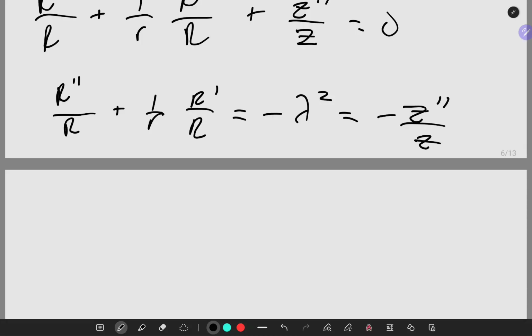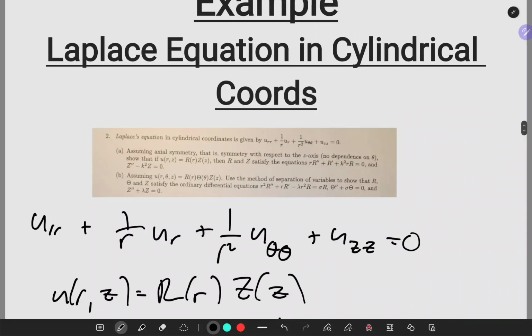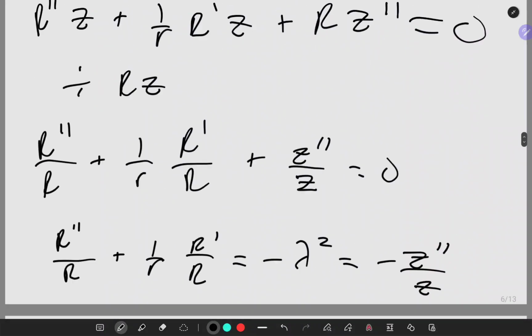If I move them over to that side, one will be negative, one will be positive. So we have Z double prime equals lambda squared Z. I think that was a solution, right? Yes, it is.